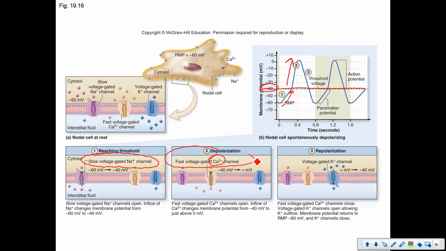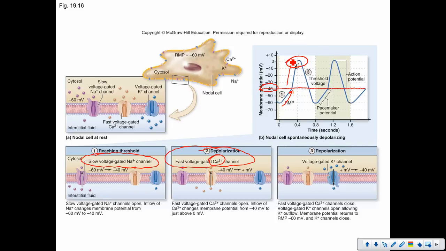Okay, instead of sodium, we have calcium rushing into the cell, making the inside of the cell more positive. So we see a rapid depolarization. We call it depolarization because it goes from being negative on the inside now to positive on the inside, or at least neutral, about zero in this case.